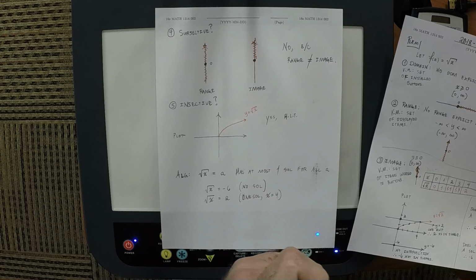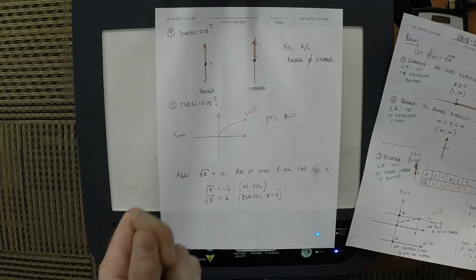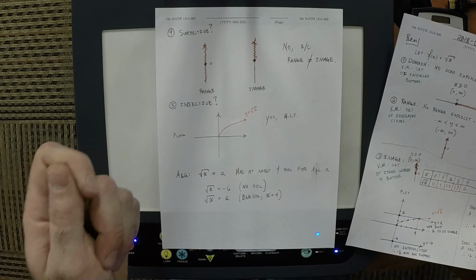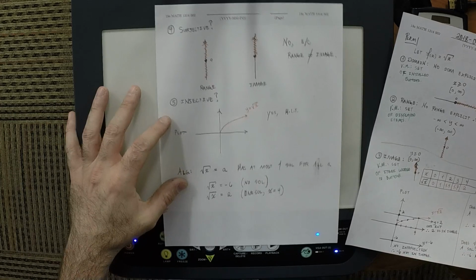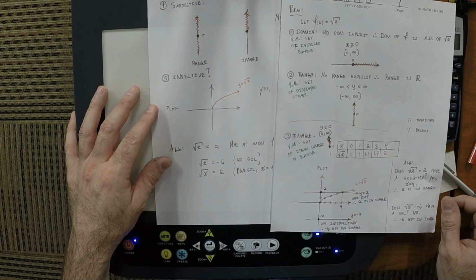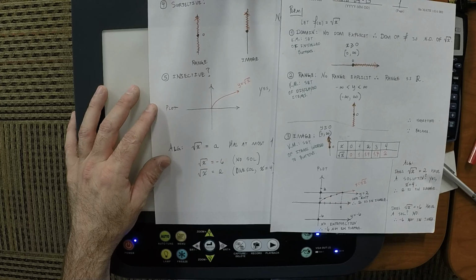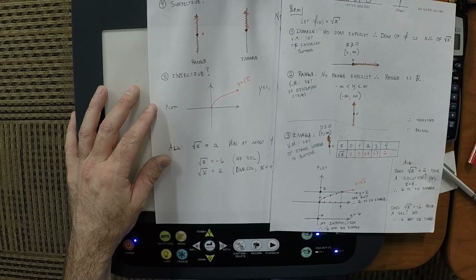In that case, you'll draw a line or not and say it is or is not injective because of the horizontal line test. It will also come to pass that I'll give you a function and no plot and ask, would you please show me whether or not it's injective?